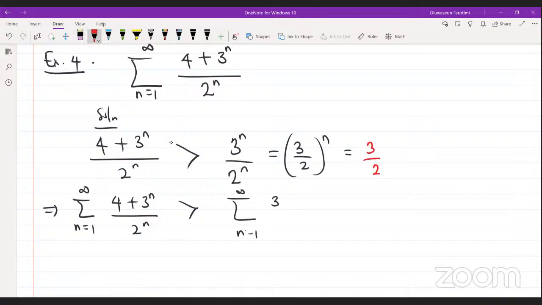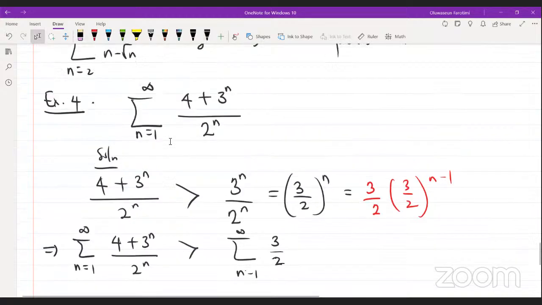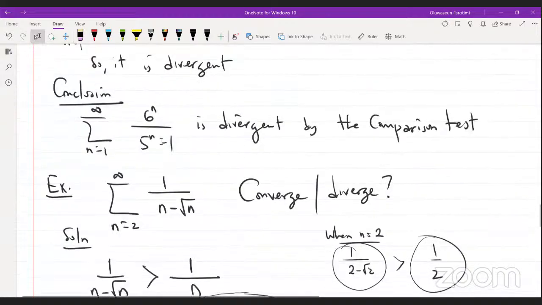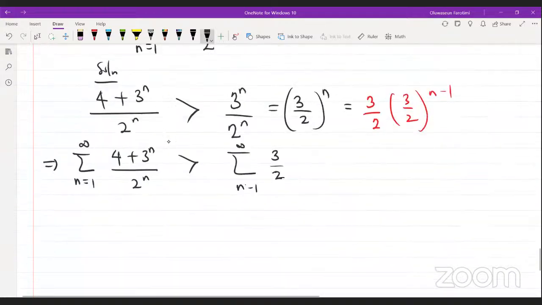This is 3 over 2 to the power of n minus 1. Just the same as the example we did on top, that's example 2. Exactly the same thing, guys, because we really want to put it in the form of a geometric series, which it is.